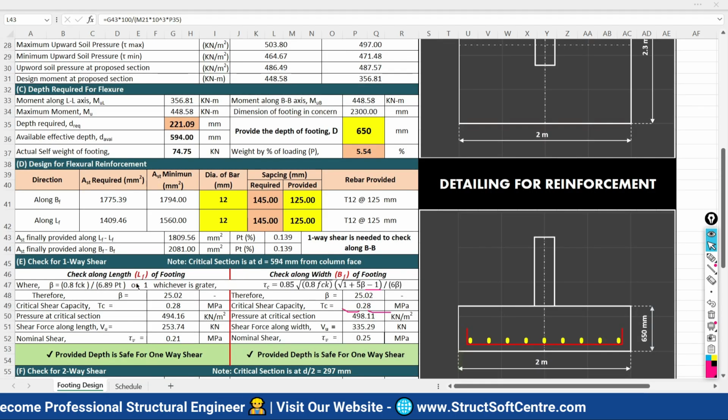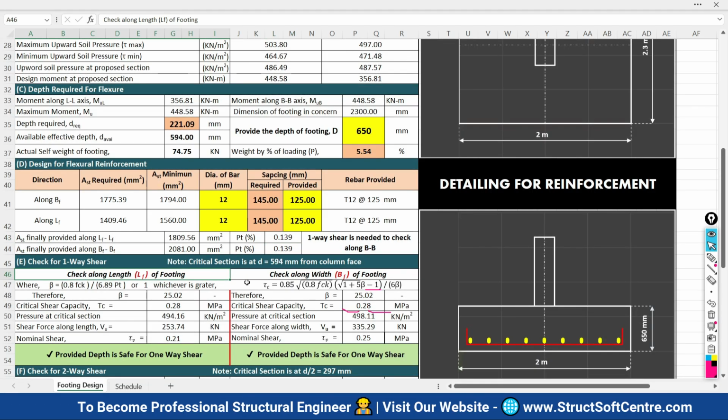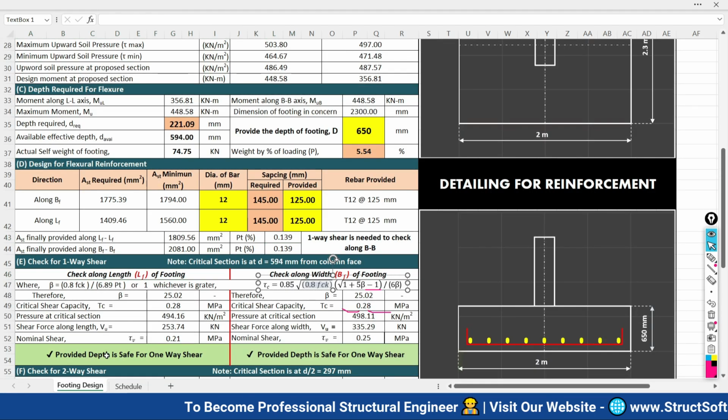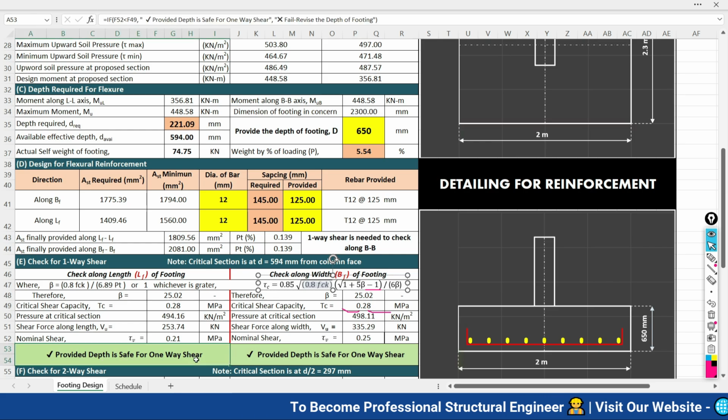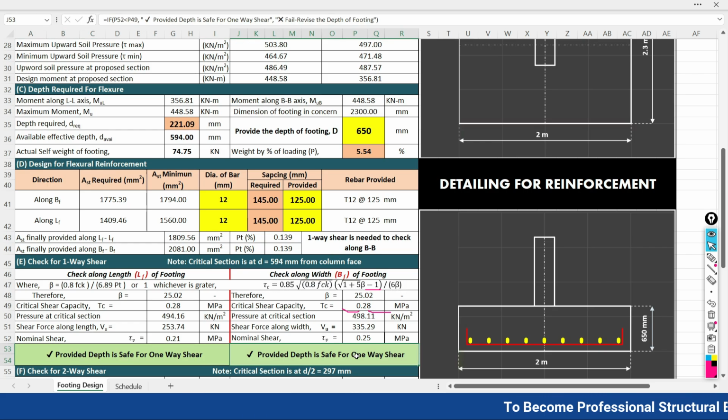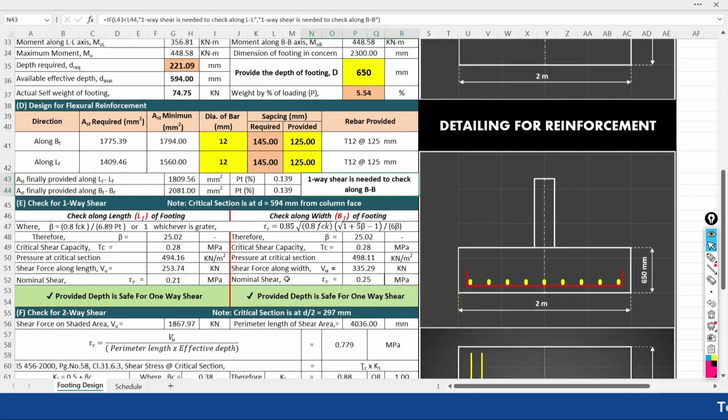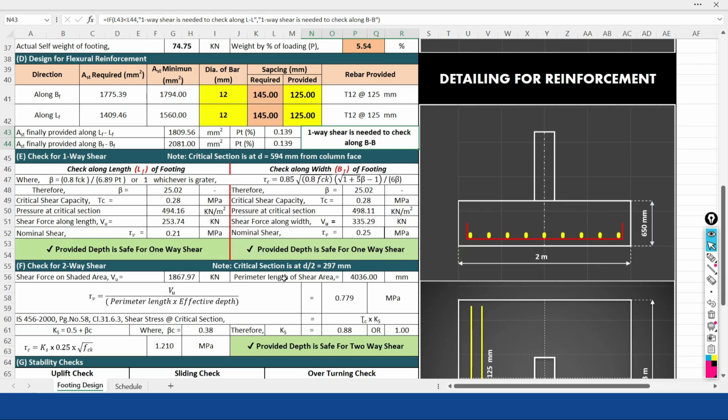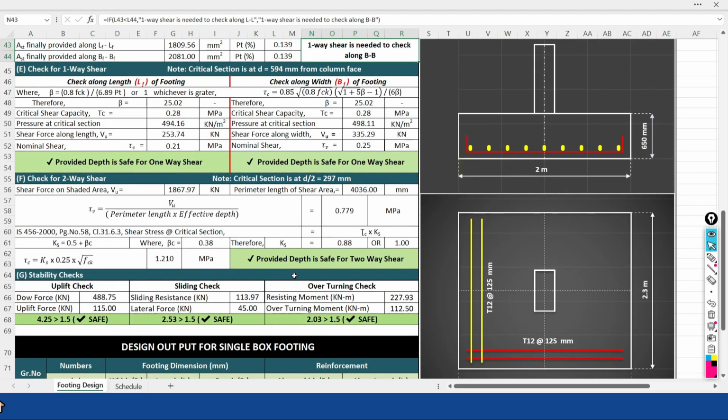Now here you can check for the one-way shear along the length and along the width. We found that the provided depth is safe for the one-way shear along the length, and safe for the one-way shear along the width. Now after checking for one-way shear, we have to go for the two-way shear check, or we can say the punching shear check.